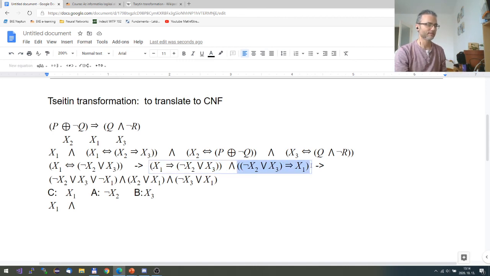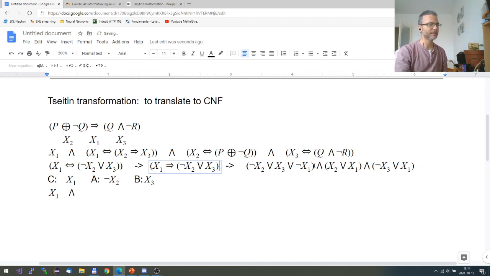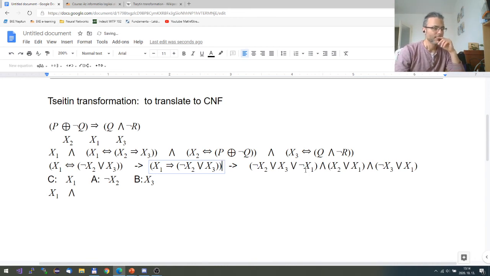I eliminate it. I don't need it. This is what Plaisted and Greenbaum tell me. If you look at this implication, basically, instead of 3 clauses, you will get 1. You will think about it.